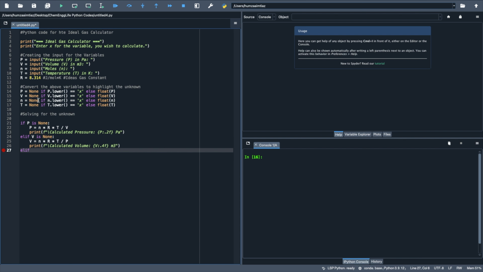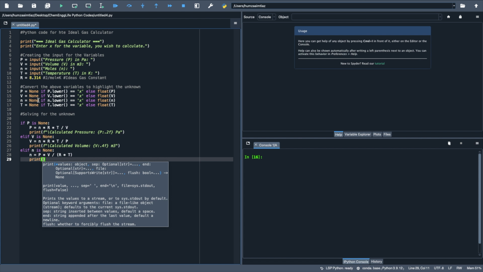And then we're going to say that if n is None, then the number of moles is calculated by the formula P times V divided by the product of R times T. And just like before, we're going to write out a print statement saying that the calculated moles is equal to, again, a curly bracket, n:.2f, and that's just moles.